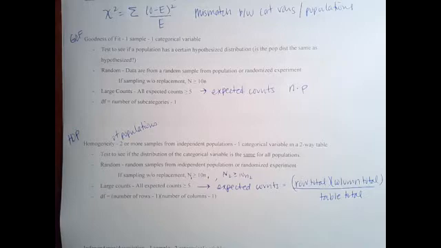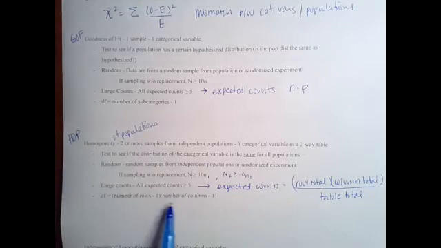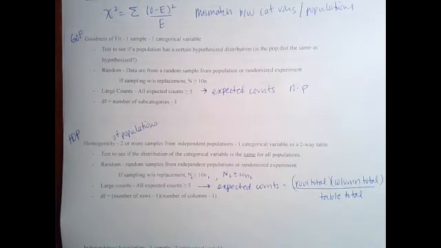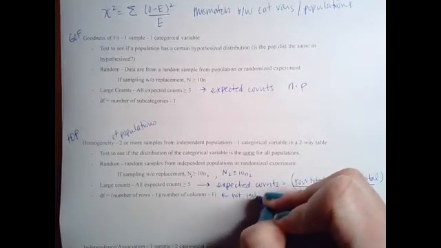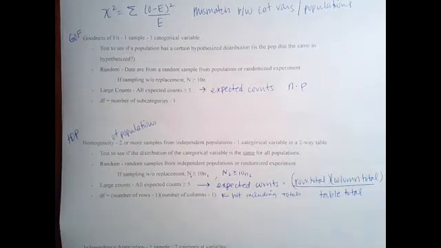The degrees of freedom also changes because you're dealing with a two-way table. And so the degrees of freedom is the number of rows minus 1 times the number of columns minus 1. Now these rows and columns are not including the headers, and they're not including the totals. So it's only the rows and columns of the actual data itself.